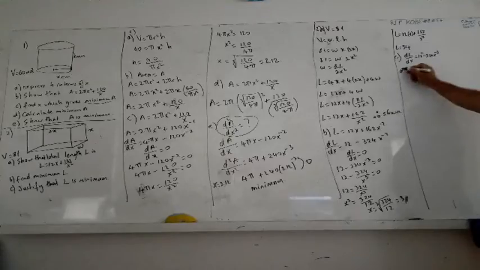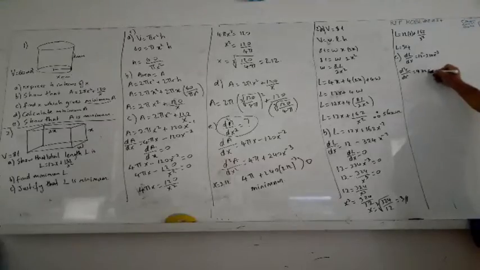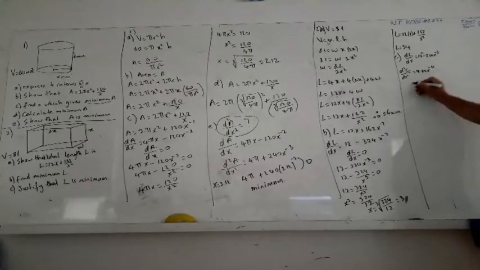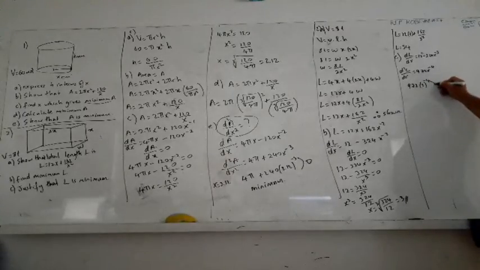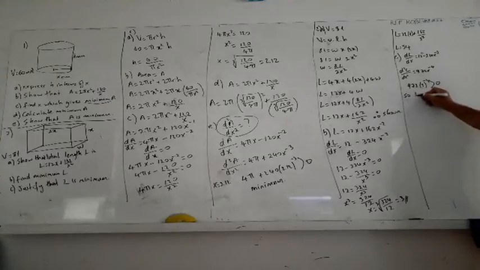So the second derivative is going to be 972x to the power of minus 4. Substitute the x value, which is 3: 972 times 3 to the power of minus 4. This is a positive number. So L is minimum. And this is the answer for question 2.